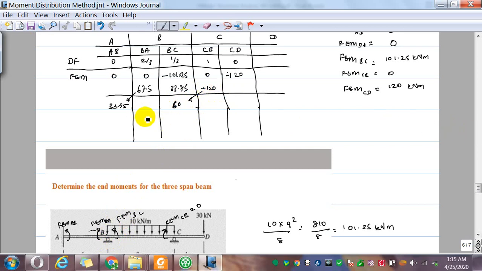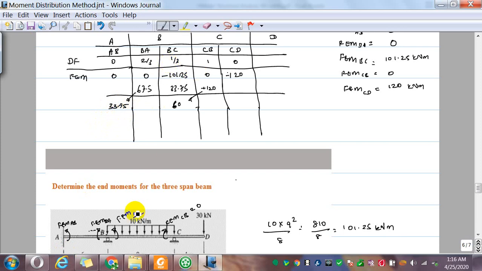Now we have a situation where at AB there is 33.75. So at A, if you have a moment 33.75, 0 moment will be carried by the member AB, and the entire moment will be carried by the support. So there will not be any need to balance this moment, because that support can absorb any amount of moment.